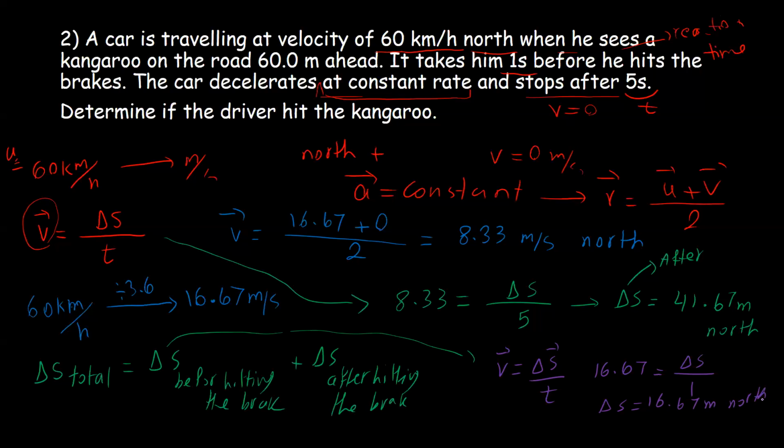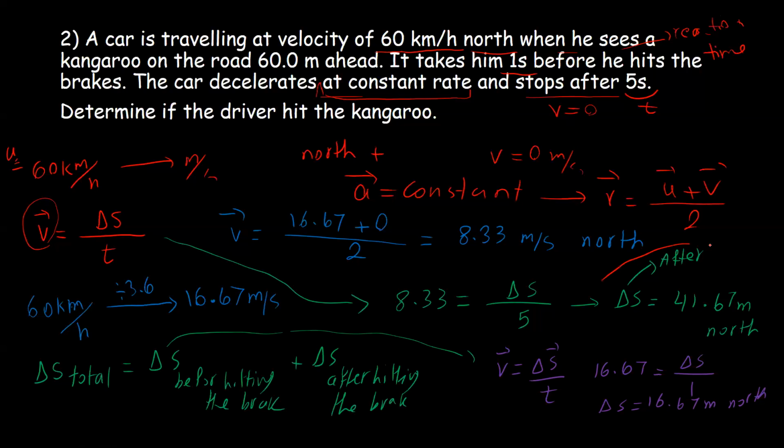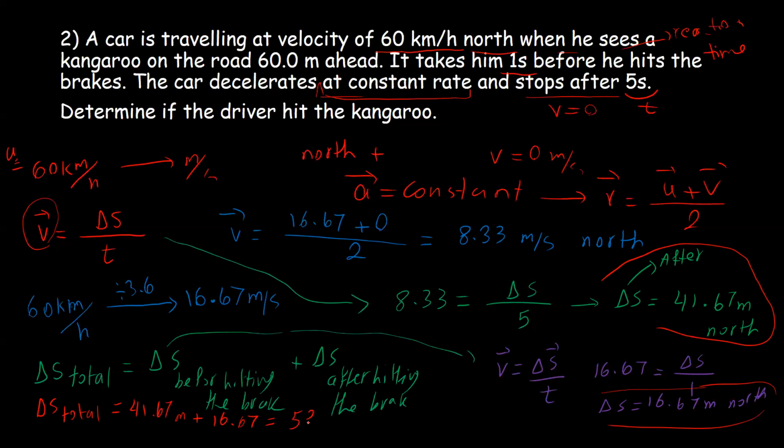Right now, our delta S total is 41.67 meters plus 16.67, that is equal to 58.34 meters.